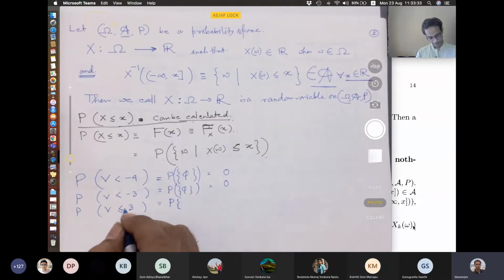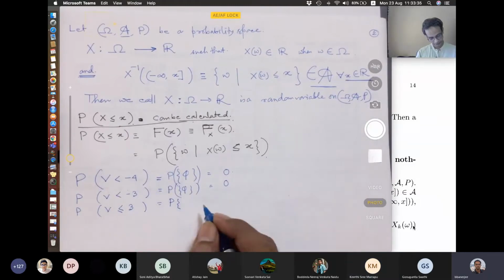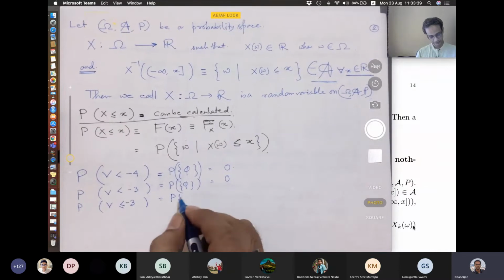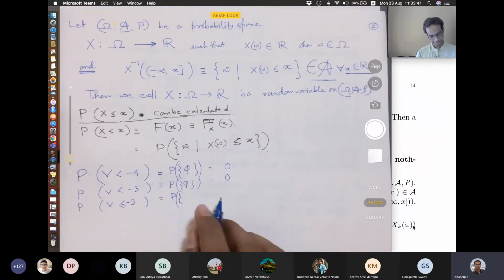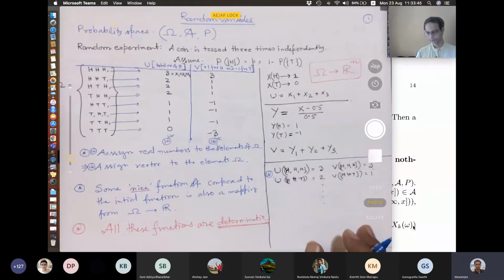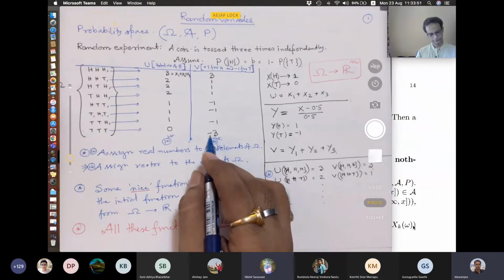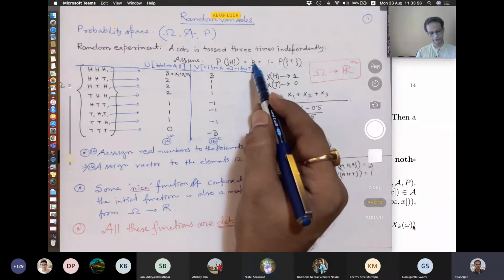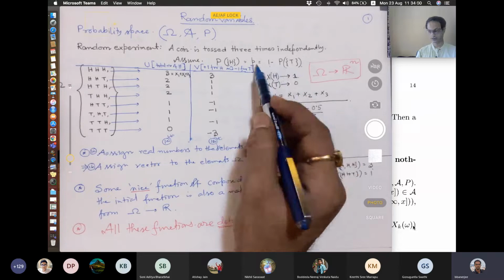Sorry, okay, less than or equal to 3. Okay, so let us go one by one, gradually. So now please tell me. 1, 1/8. Say, you know that the probability of head is p and the probability of tail is 1 minus p.